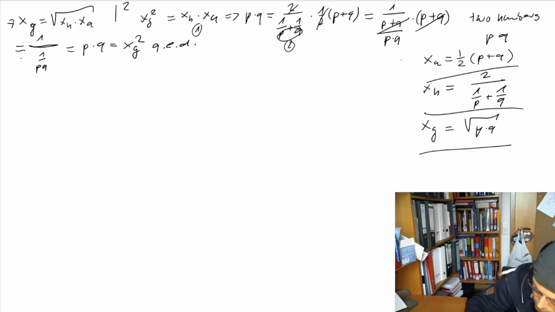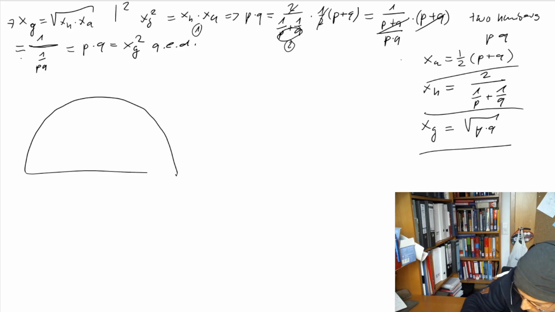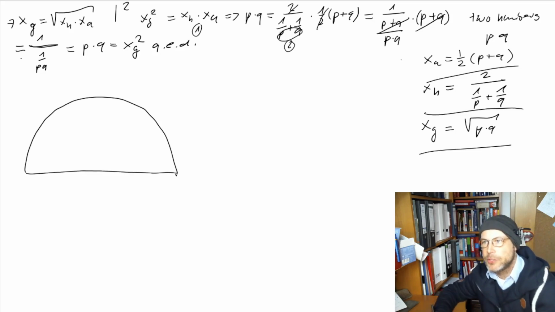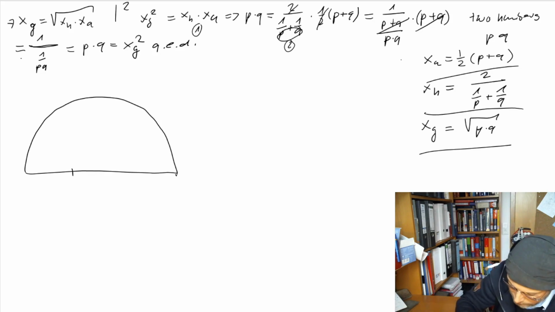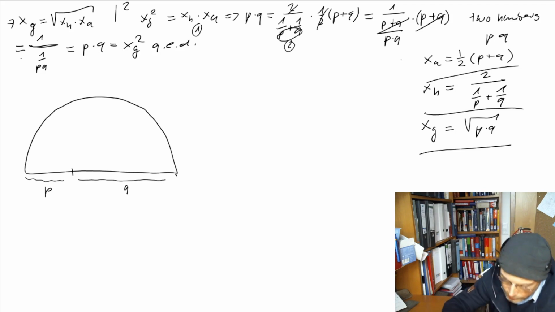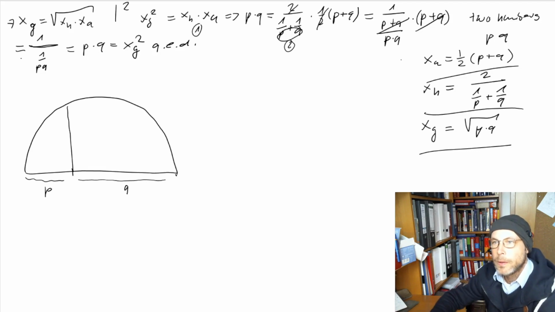Then let's go to our picture here. This should be the half part of a circle. And now we have here p and this is q. So this I think you also have shown in school.